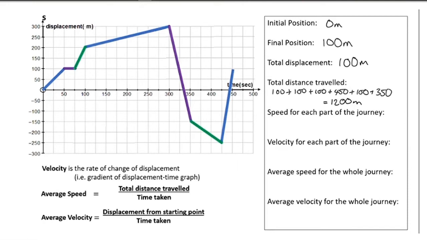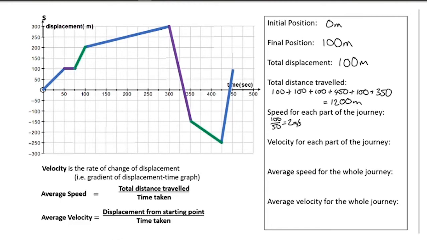How about the speed for each part of the journey? So now that we know the distances, we're also going to consider how long it took to cover each of those distances. So the first blue section was 100 meters, and it took 50 seconds. 100 over 50 gives us 2 meters per second. The purple part of the journey, we didn't cover anything at all, so there's no speed to calculate.